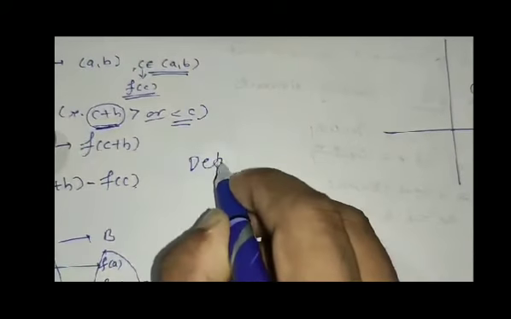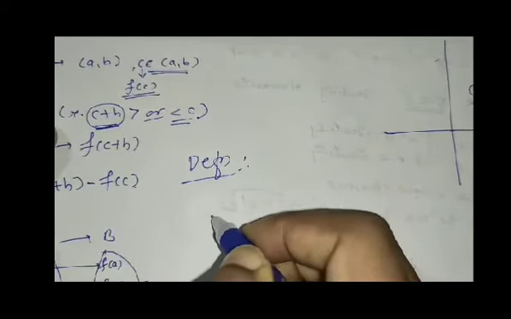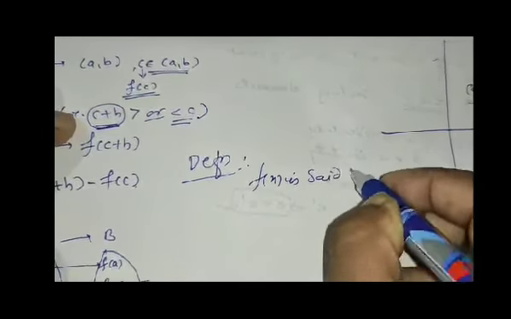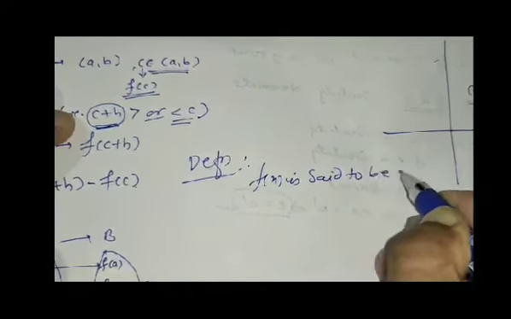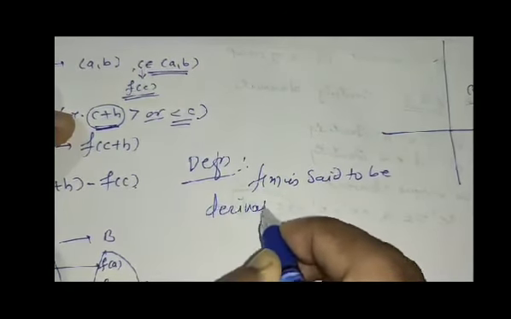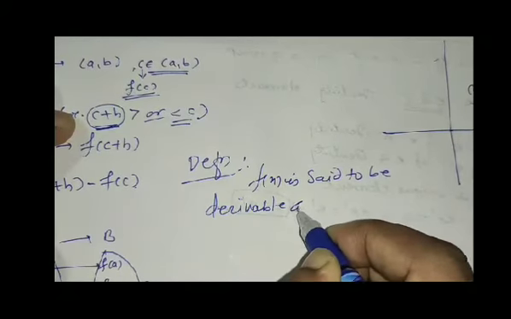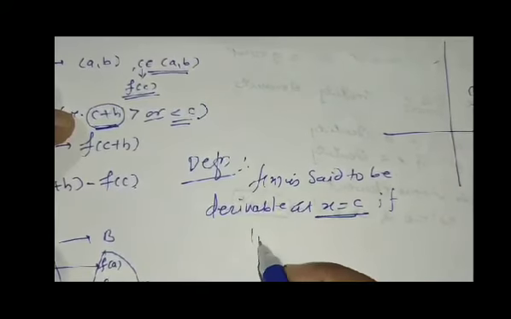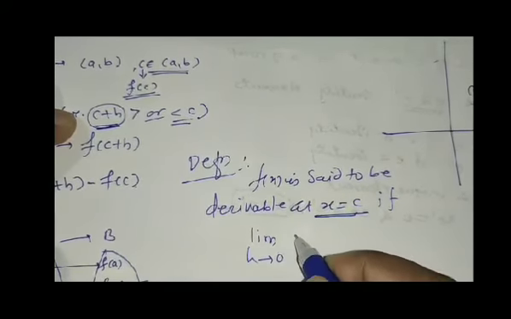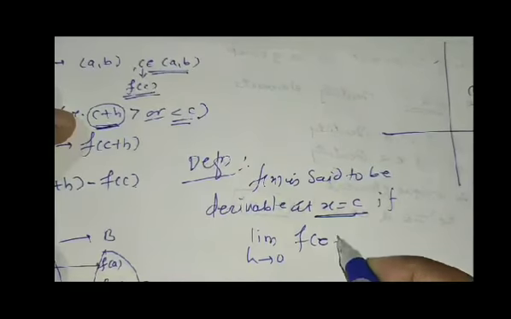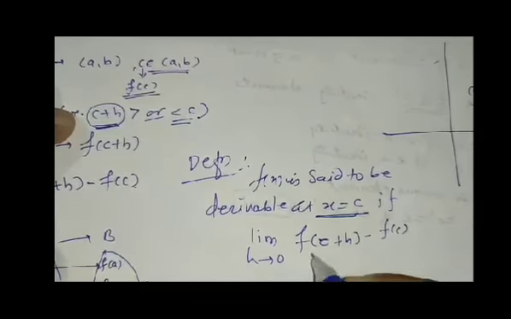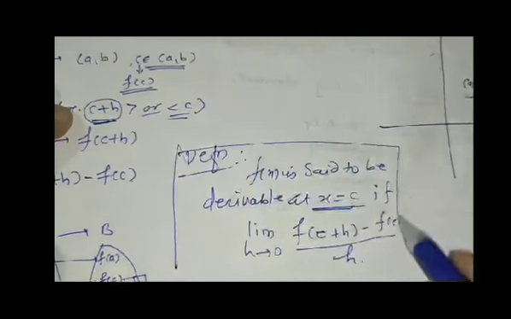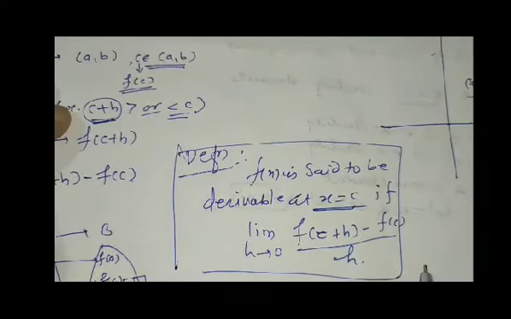Now we state the definition. f of x is said to be derivable at x equal to c if this limit exists, that is, limit h tends to 0 of f of c plus h minus f of c divided by h.